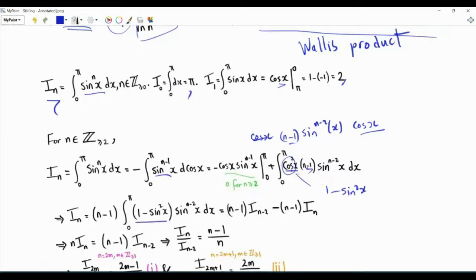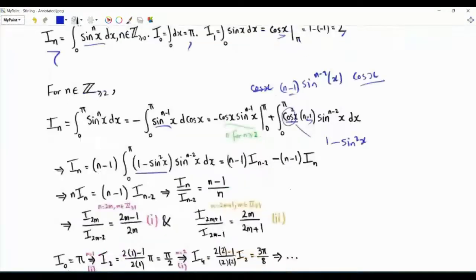Again, we are trying to do things in sine so that we relate what we have obtained on the right-hand side to the integral I_n. If we replace cosine squared x by 1 minus sine squared x, we will basically have an integral of 1 times sine to the n minus 2 of x dx. So that's I_(n minus 2).